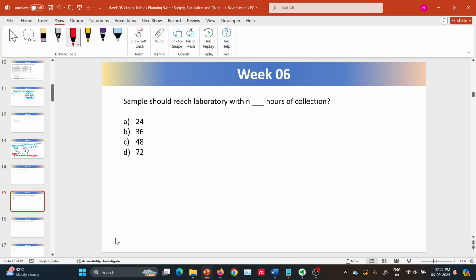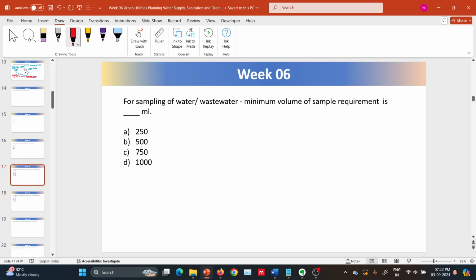Samples should reach a laboratory within how many hours of collection? Samples should reach within 72 hours of collection. So in the laboratory, we have to do the analysis within 72 hours. For sampling of water and wastewater, the minimum volume of sample required is 250 ml.